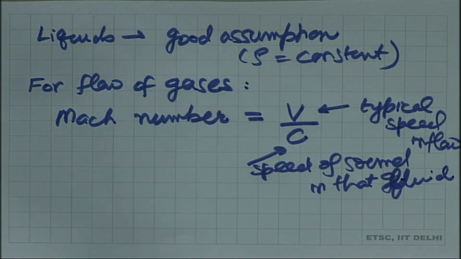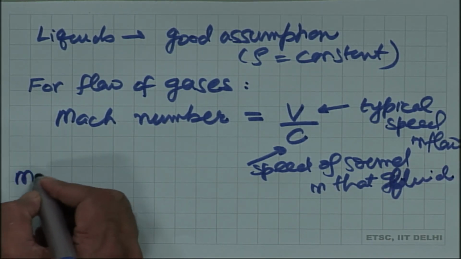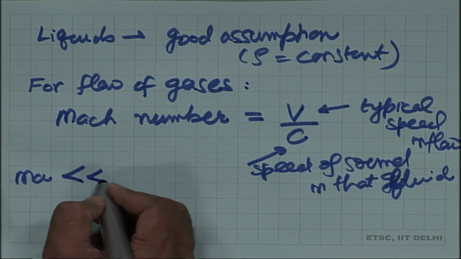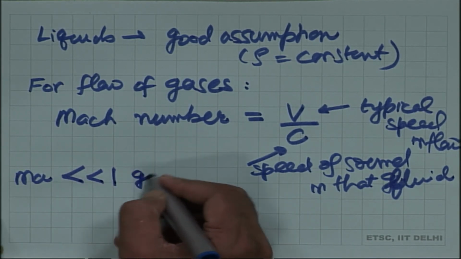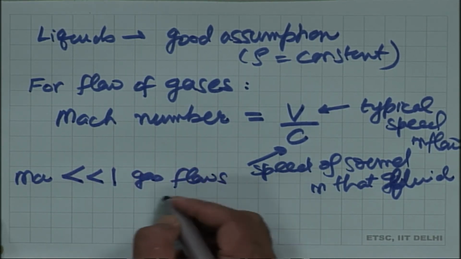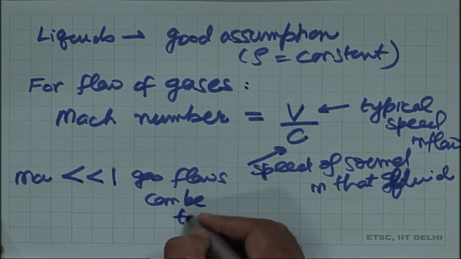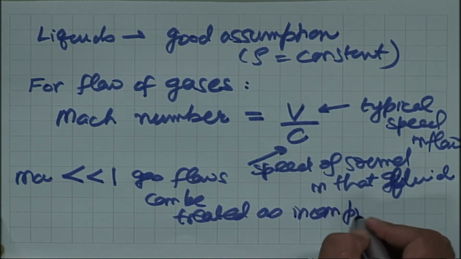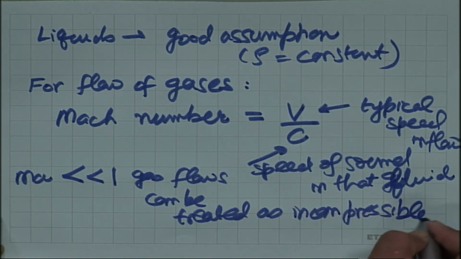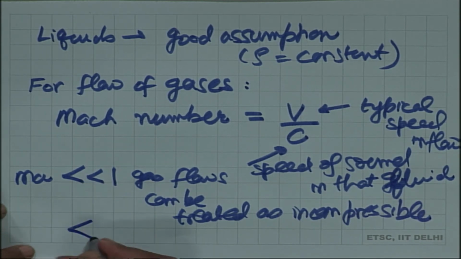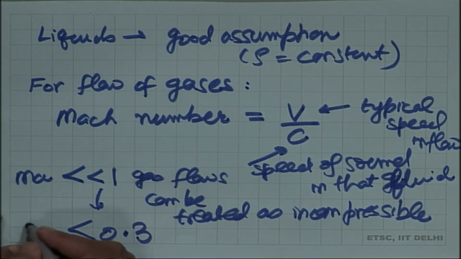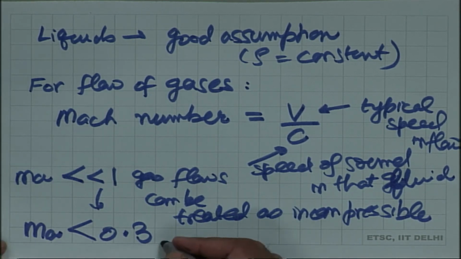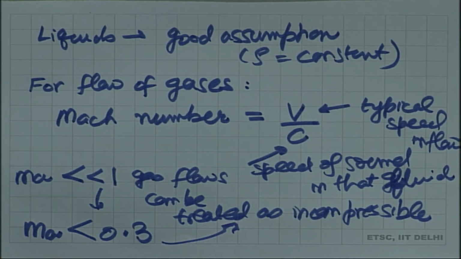It could be a liquid or gas, and if the Mach number is much less than 1, then gas flow can be treated as incompressible. For all practical purposes, if the Mach number is less than 0.3, we can treat the flow as incompressible.